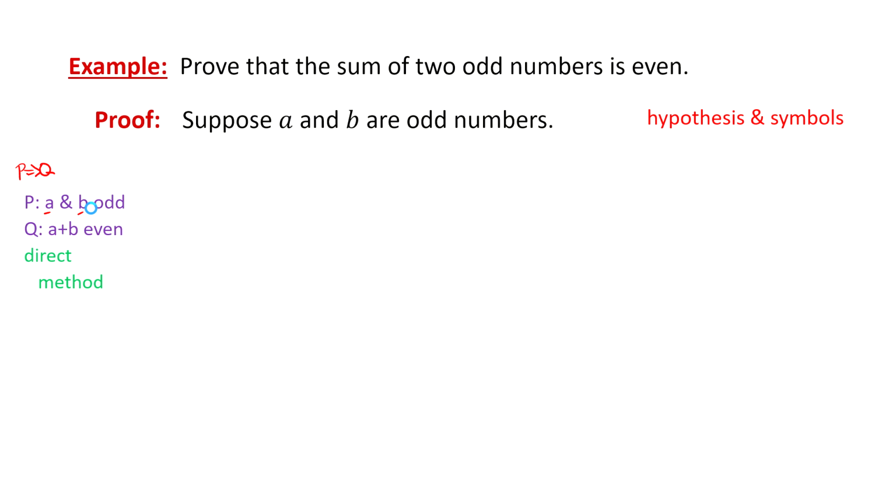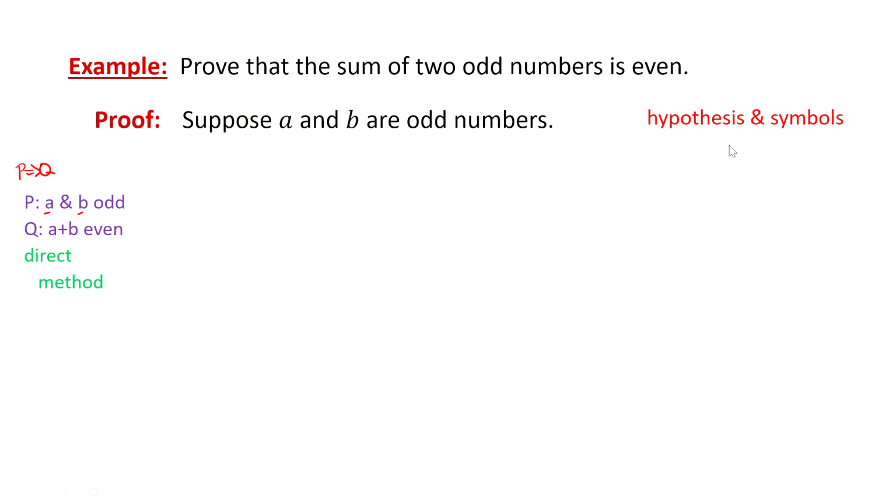So here we say, hey, suppose A and B are odd numbers. This tells you the symbols that we're going to use for 2 odd numbers. It also tells you your starting point, your if statement P, and remember the if part of an if-then statement is also called your hypothesis.